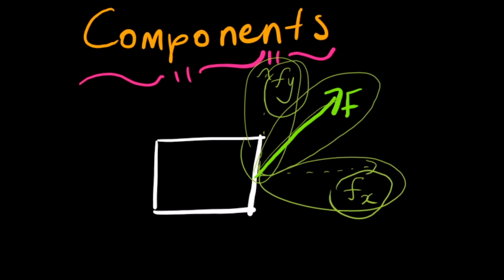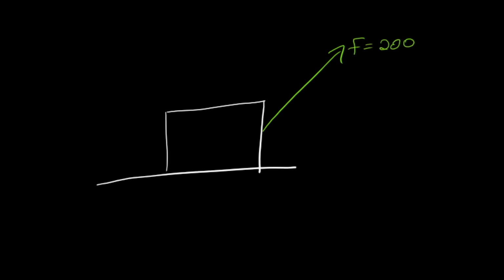Now, how do we calculate these components? Let's say we have this object experiencing a force of 200 newtons, and this is our reference line which is parallel to the displacement.